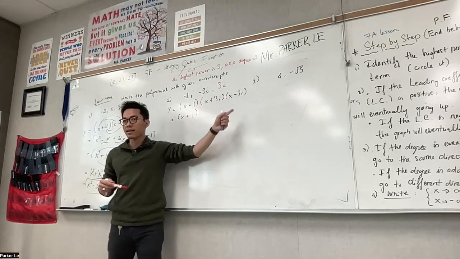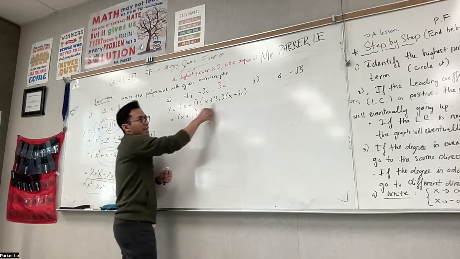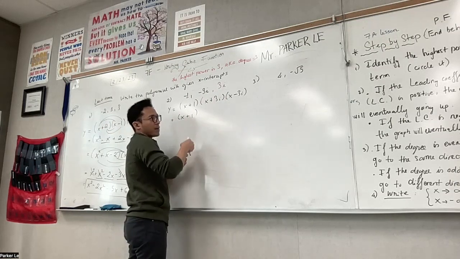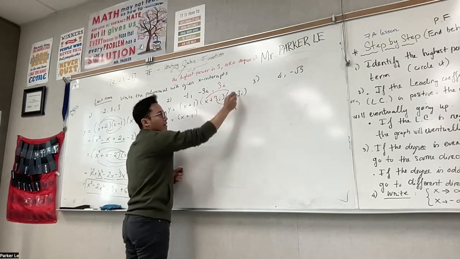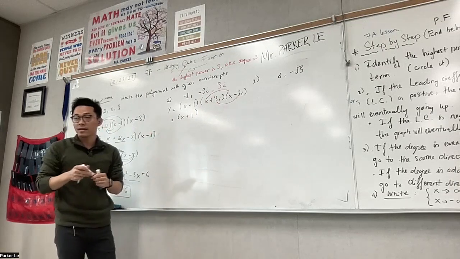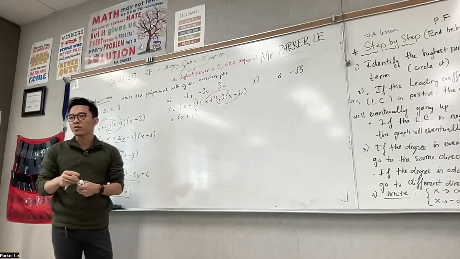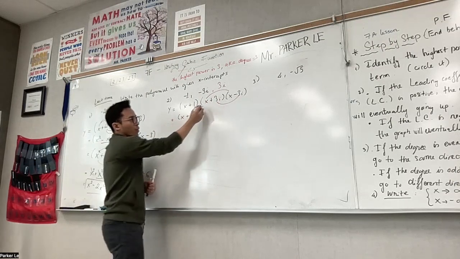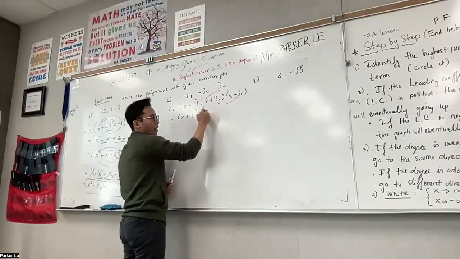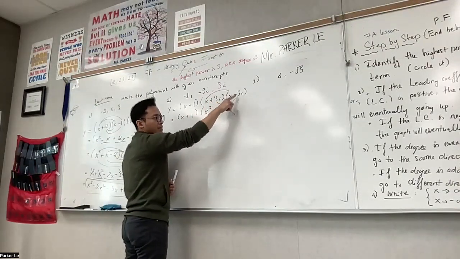Front to front, back to back. Remember that? If you see the same set of numbers, what you need to do is multiply front to front, back to back, because the middle one is going to cancel out. You don't need to worry about the middle one. So what is x times x? X squared. What is 3i times negative 3i?